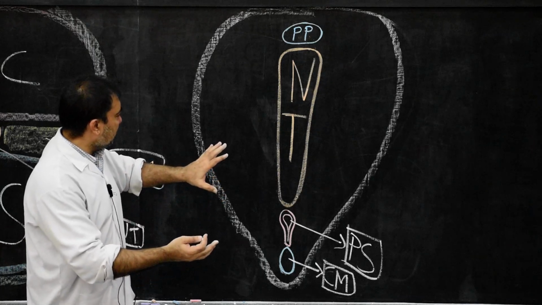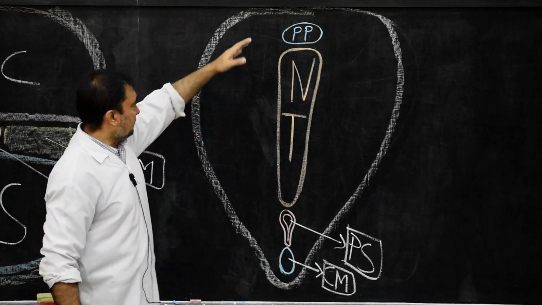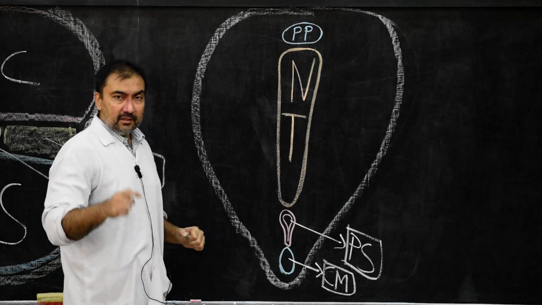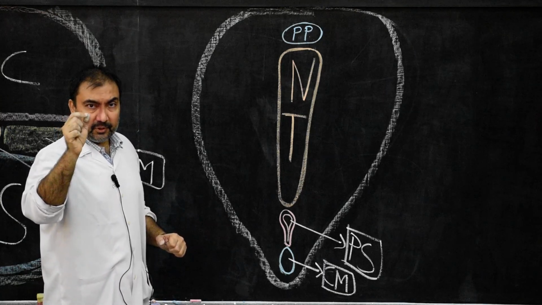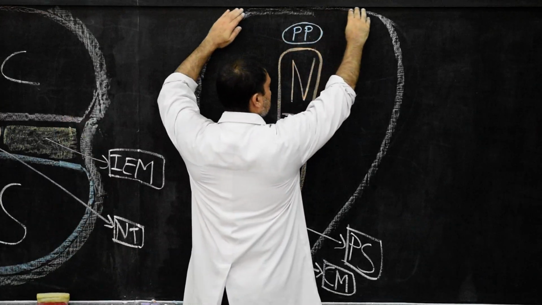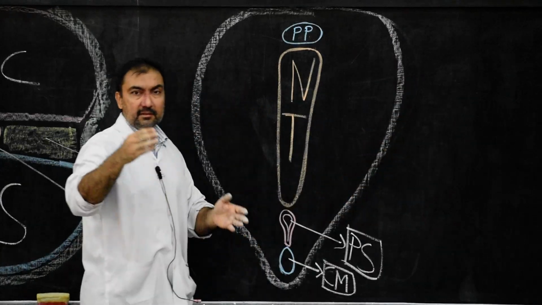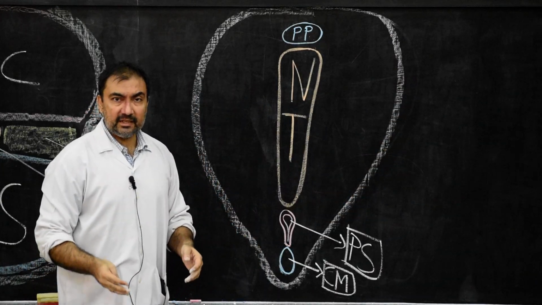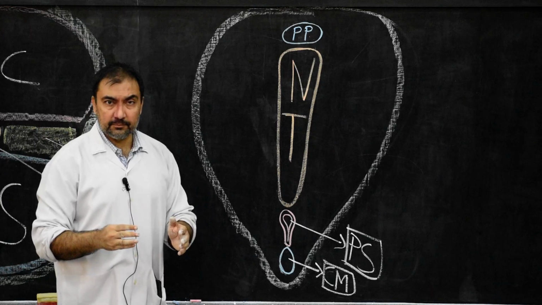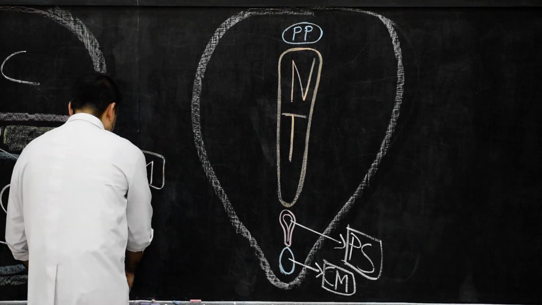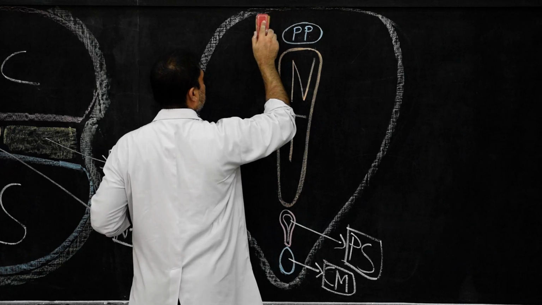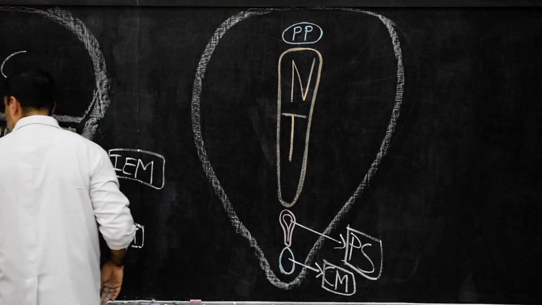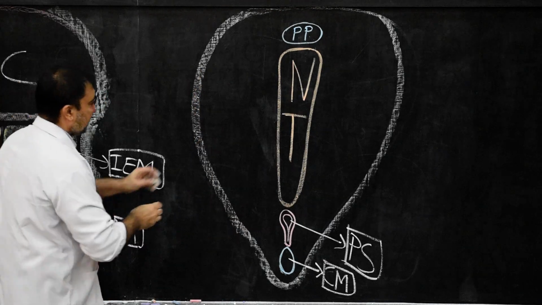So as we are looking at the embryo from the dorsal side, cephalic end, caudal end, we will draw the intraembryonic mesoderm. Now remember, surrounding it is covered by extraembryonic mesoderm, or it will be known as primary mesoderm. Here we will draw the entire intraembryonic mesoderm.